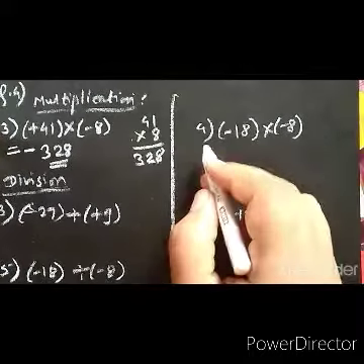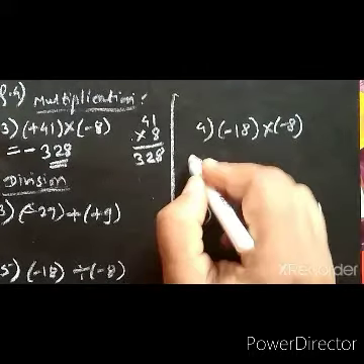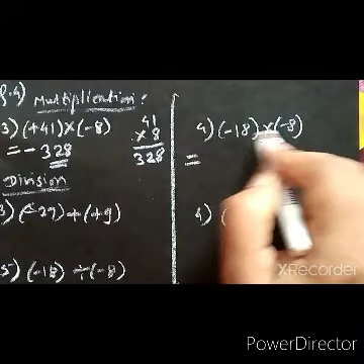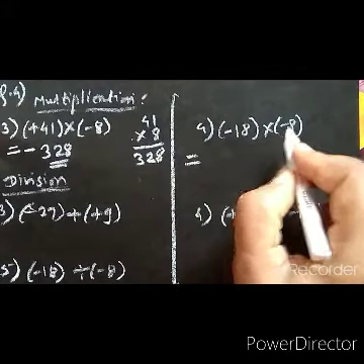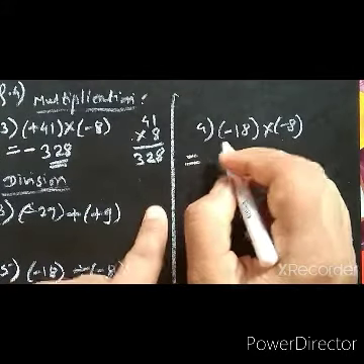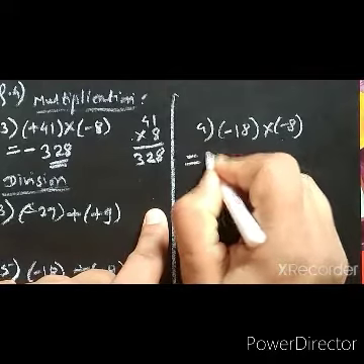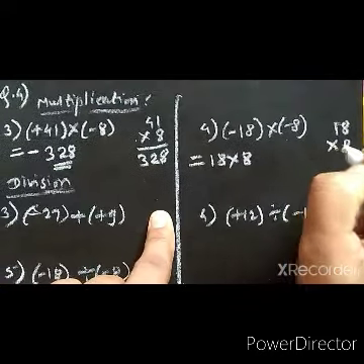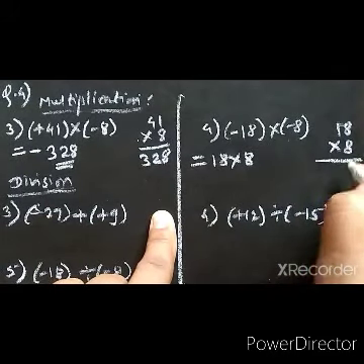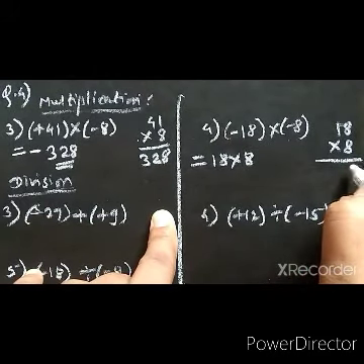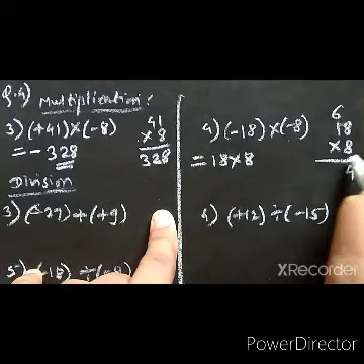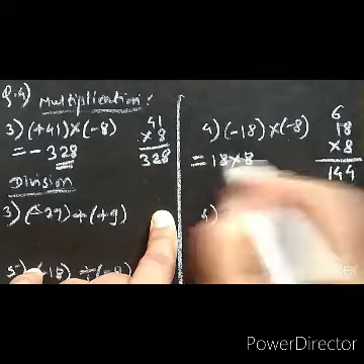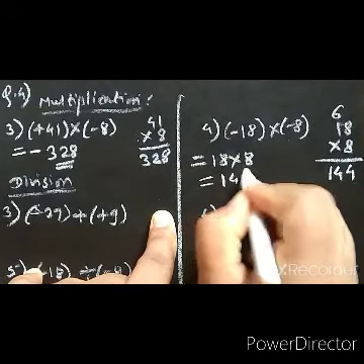Now number 4, minus 18 into minus 8. Multiplication of integers with the same sign gives a plus or positive integer. Therefore 18 into 8: 8 8s are 64, 6 carry, 8 into 1 is 8 plus 6 is 14. That is, here we got 144.